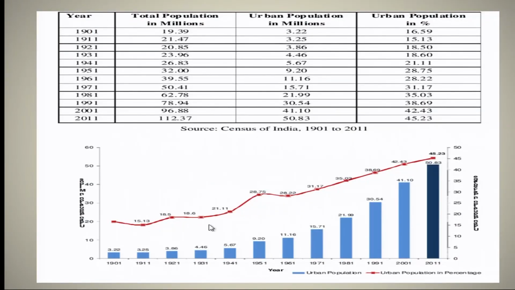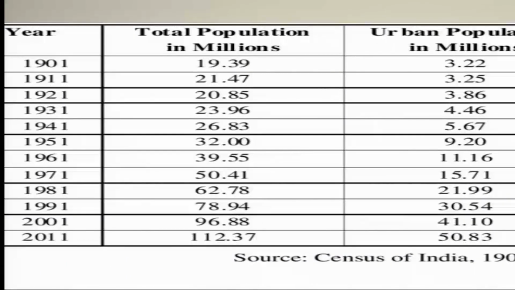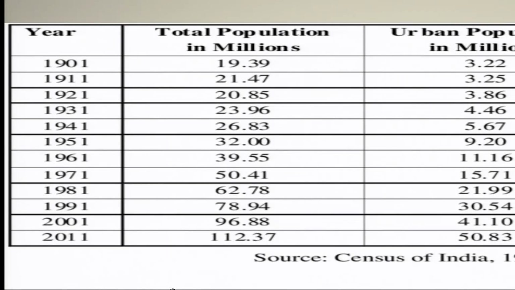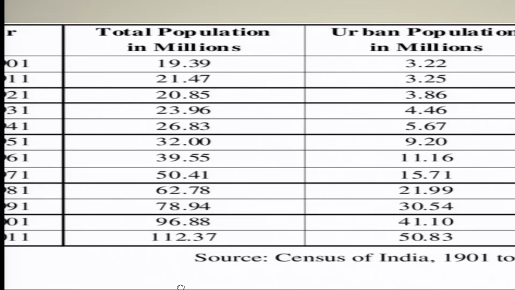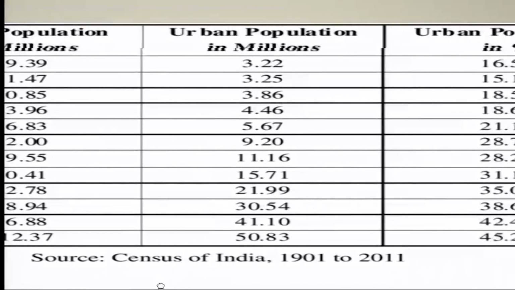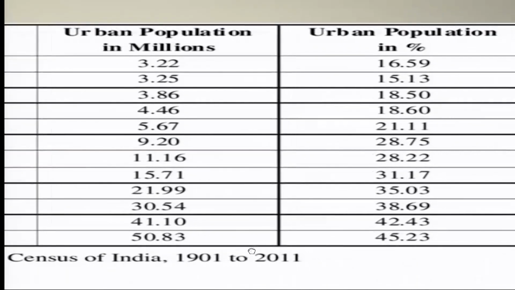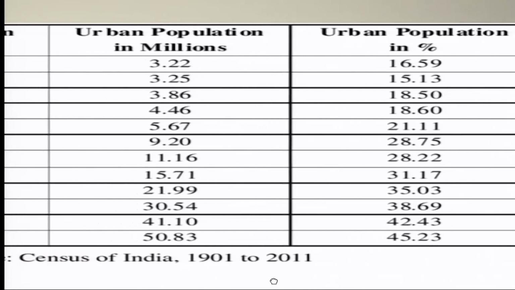If you take this particular graph, you will find that in 1901, the total population in million was only 19.39, right? Then the urban population was 3.22, which is 16.59%.